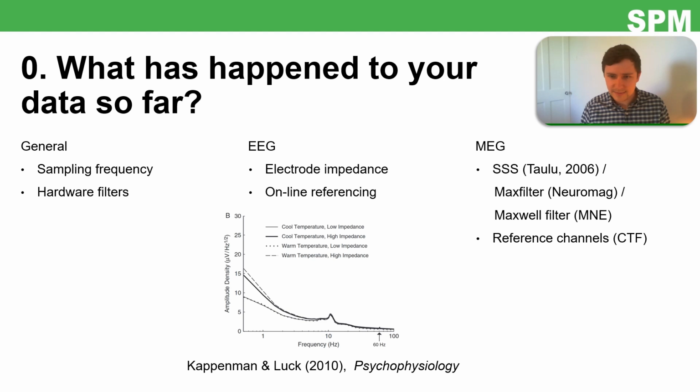And why is that? Well, it's particularly important for low frequencies, as you can see in this nice figure from Kappenman and Luck. You can ignore the stuff about temperature, but they've essentially recorded the same signals from the same people with high impedance and low impedance electrode setups.